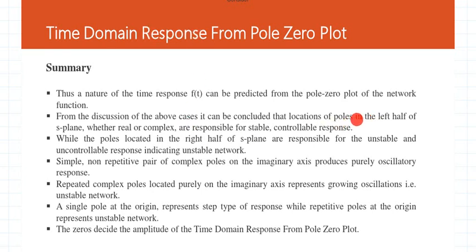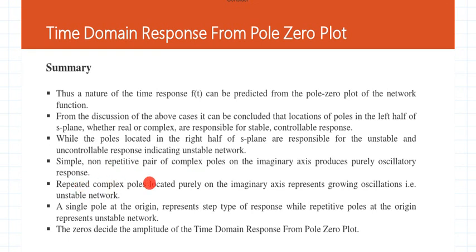Location of poles in the left half of the S-plane results in a stable system. If the poles are in the right half of the S-plane, it results in an unstable, uncontrolled system. Non-repetitive complex poles on the imaginary axis result in a purely oscillatory response, that is, you get sinusoidal waveforms.